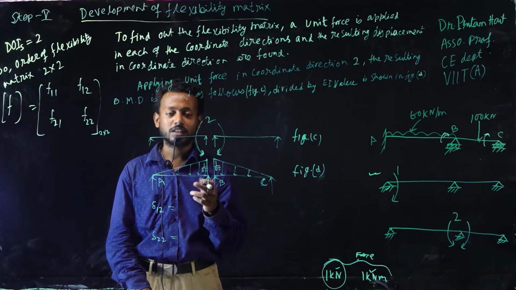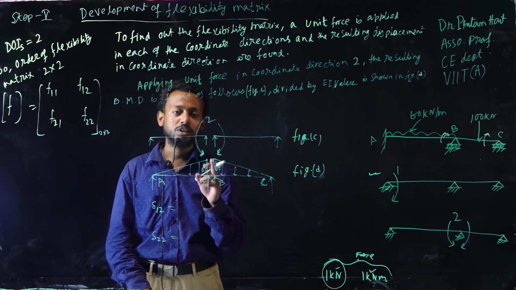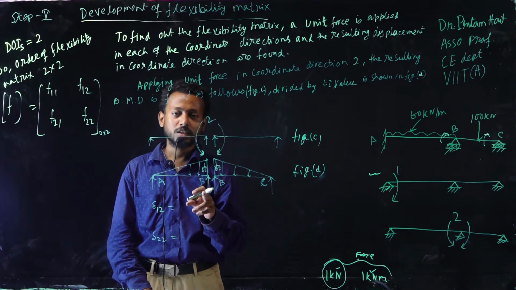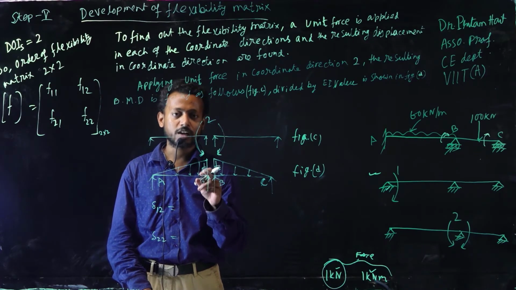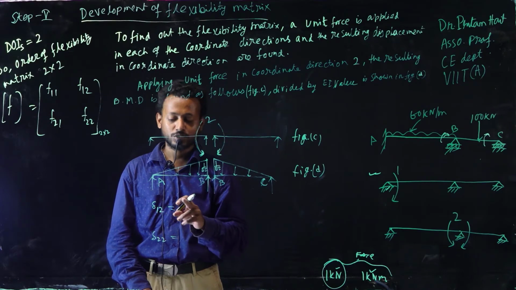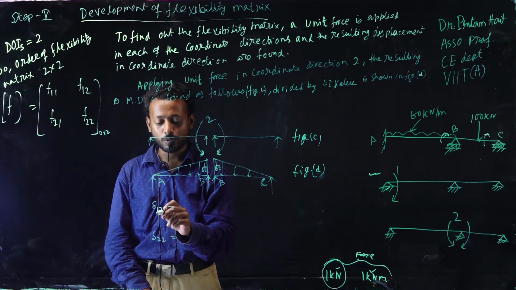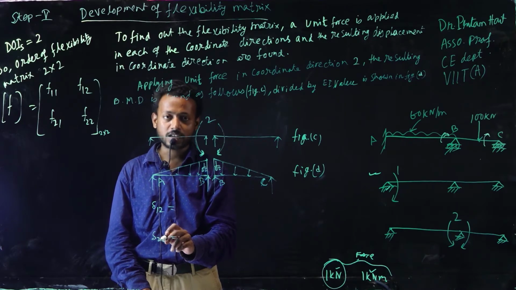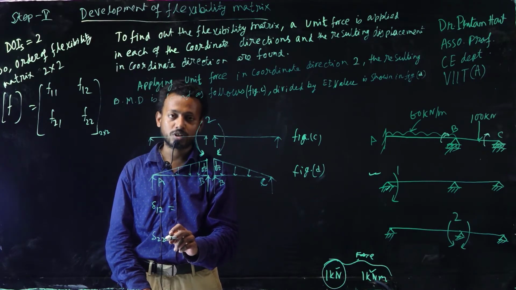In other words, the reaction at point 1 due to unit applied force in coordinate direction 2, and the reaction at point 2 due to unit applied force in coordinate direction 2. So delta 12 will be the reaction at point 1 due to unit applied force in coordinate direction 2, and delta 22 is the reaction at point 2 due to unit applied force in coordinate direction 2.